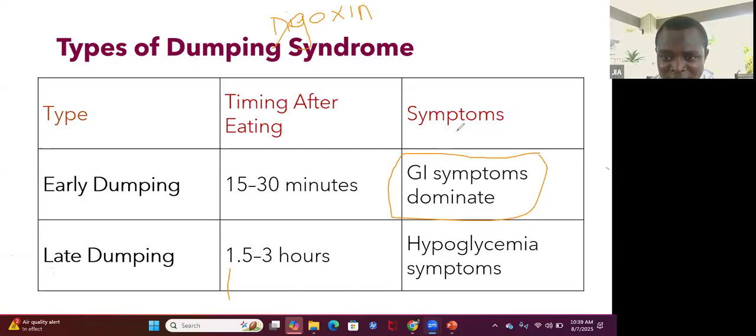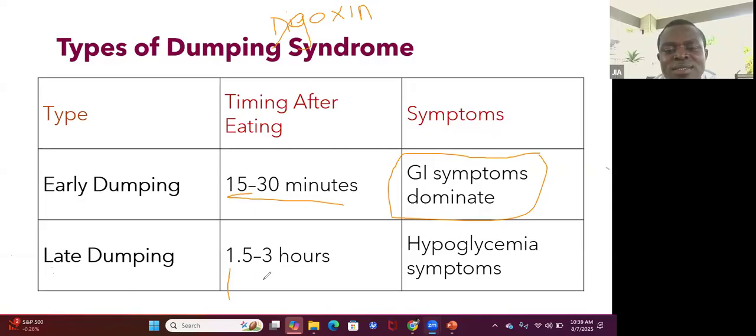Please pay attention to these tips for case study questions, so that when you are reading them, you look out for some of these key things to know what is really happening. They normally get the symptoms after eating. So if it's early signs, it occurs within 15 to 30 minutes, and you normally get GI symptoms.